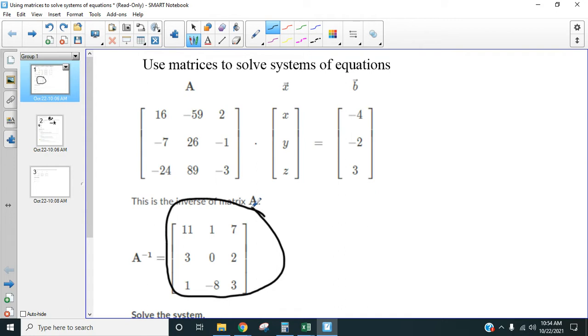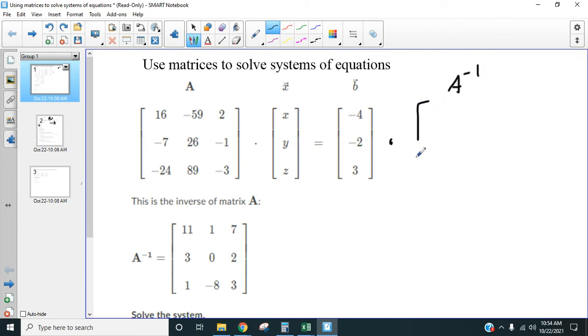So the only thing really left to do is to take this matrix times that matrix. I'm going to do that right now. I'm going to move this up here. Inverse of A, let me copy it down. 11, 1, 7, 3, 0, 2.